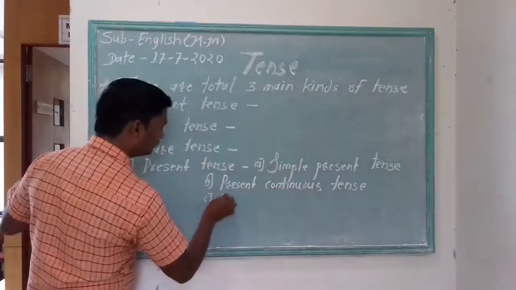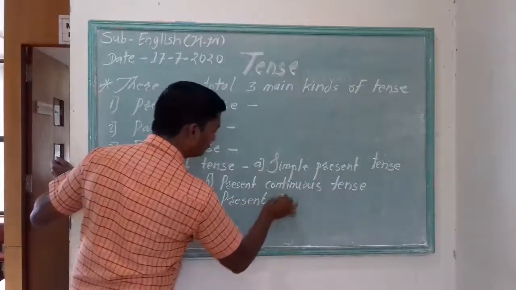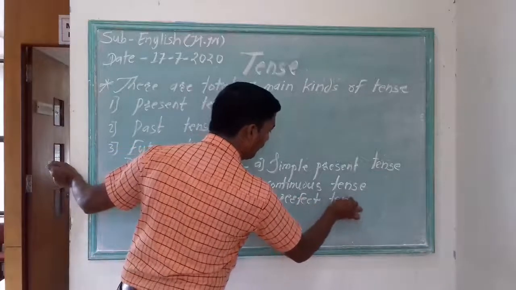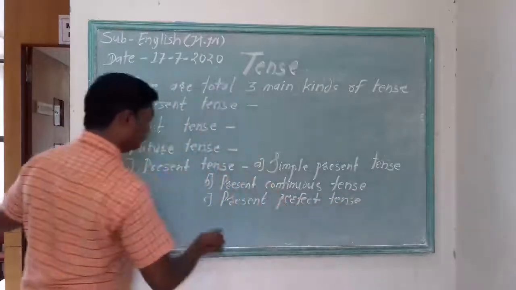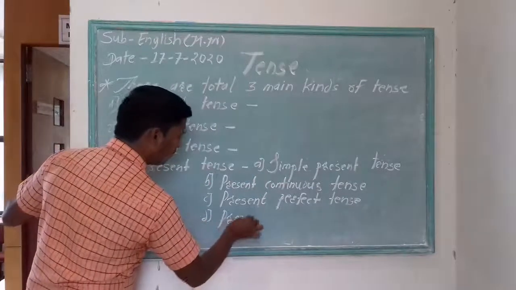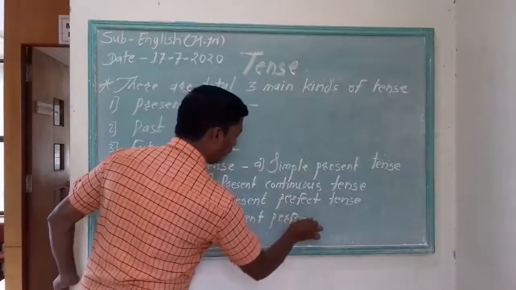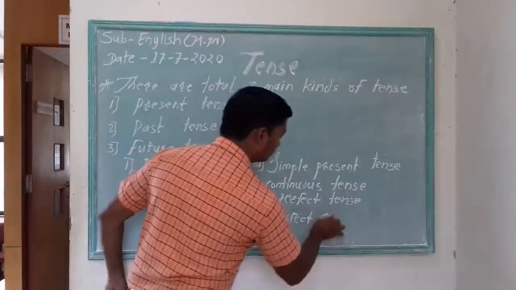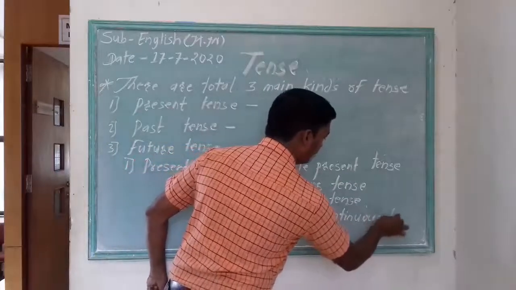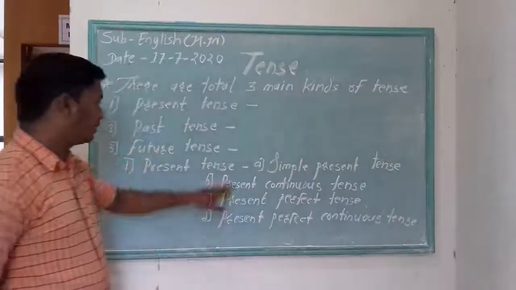Third, present perfect tense. Fourth, present perfect continuous tense. These are the four subkinds.